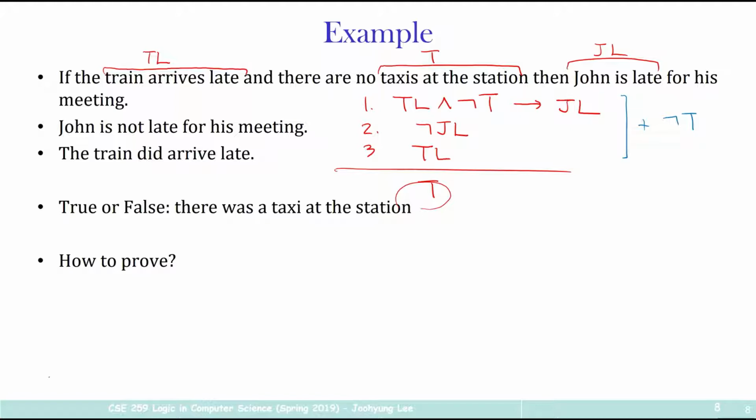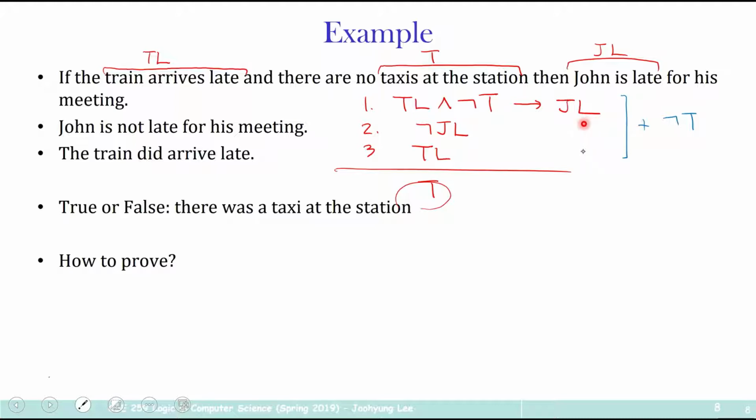Then what happens is we know that the train arrived late, and also we assume that there was no taxi at the station. Then this if condition becomes true, right? So what can you conclude? If you know TL, and you know that not T is true, and also you know that this if-then sentence is true, what can you conclude?